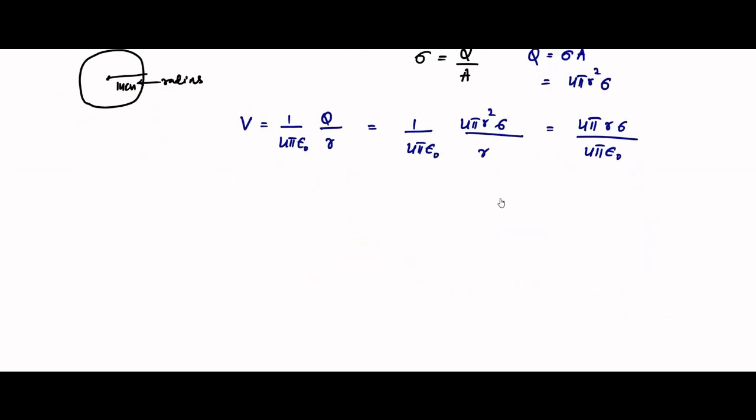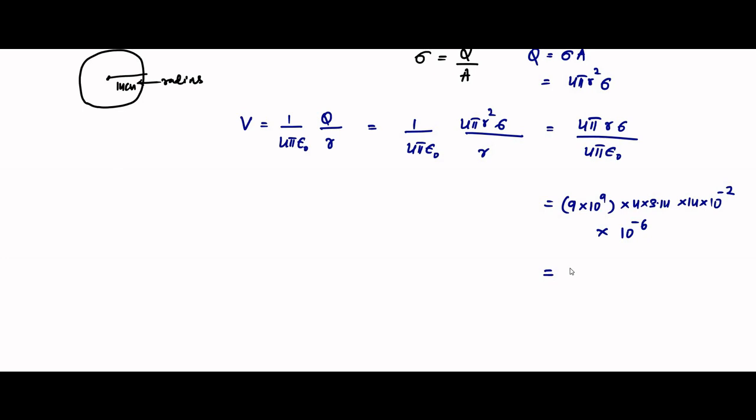If we put the values here, don't cancel 4 pi, just use the respective values. 1 by 4 pi epsilon 0 will become 9 into 10 to the power 9, then 4 into 3.14 into 14 into 10 to the power minus 2 into the surface charge density 10 to the power minus 6. So this becomes how much?